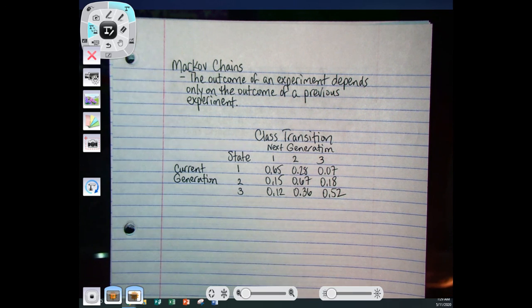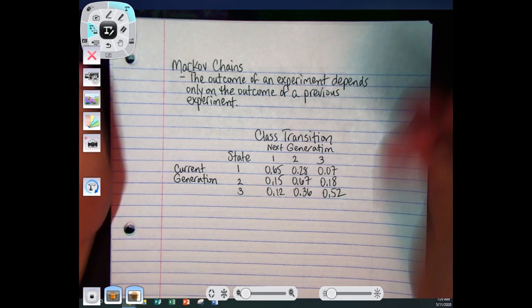Okay? So, for example, in sociology classes, a lot of times you'll see people being classified by income. So, lower class, middle class, upper class. And sociologists have found that the strongest determinant of the income class of an individual is the income class of the individual's parents.